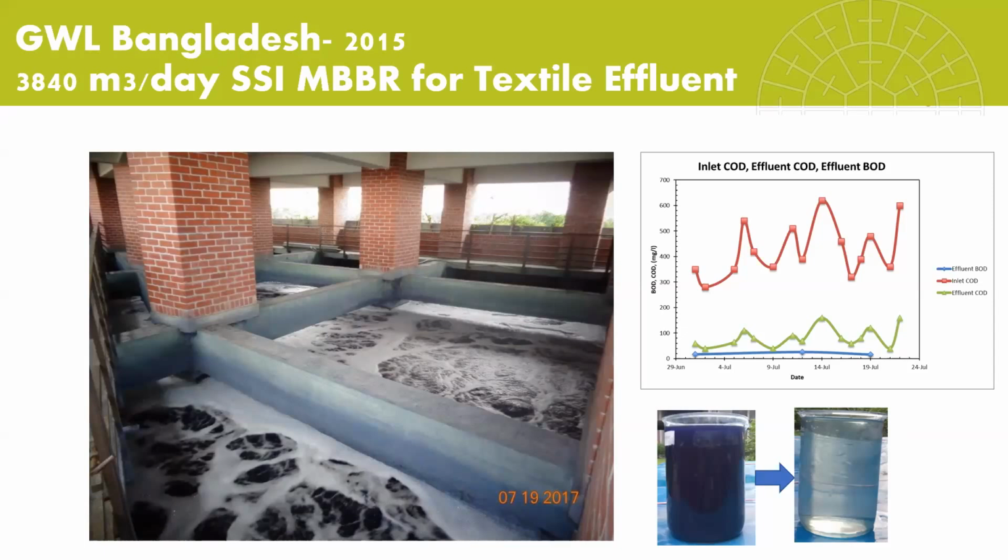So what we find is huge fluctuation in color, huge fluctuation in TDS, huge fluctuation in COD, BOD. Most of the systems are not readily biodegradable. Most of the systems have a high degree of fiber. Some systems have a high degree of stone, pumice stone used in the washing process.